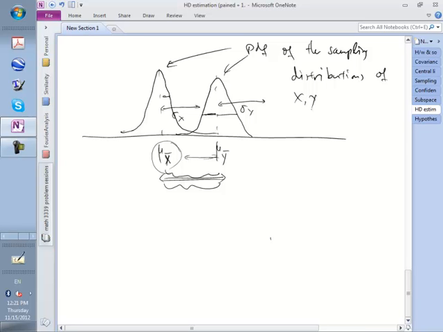Otherwise, you're not in this good situation where the two curves sit far apart from one another, and your estimation is quite clear and much easier to do. When the curves sit one on top of the other, this is one of the biggest problems in artificial intelligence. This is exactly the inability to classify. Because the two curves, the one that describes condition 1 and the one that describes condition 2, are sitting one on top of the other. So you have a big overlap, and when you have a big overlap, it's legitimate to say, I'm in condition 2 and I'm in condition 1. Both are highly probable.